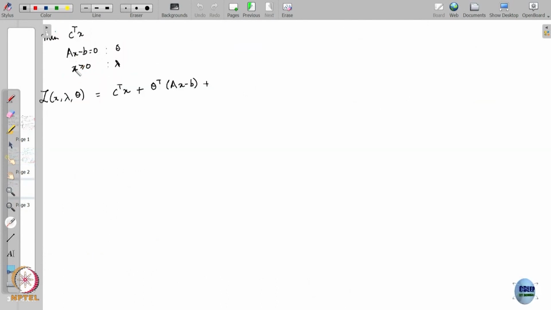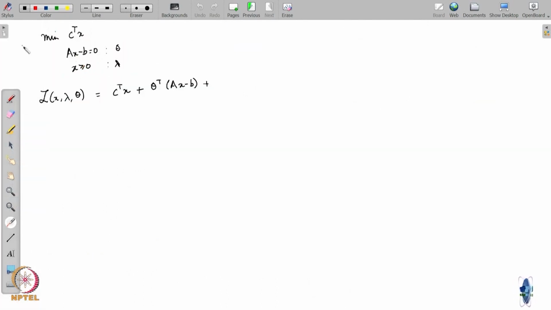So, I can effectively just multiply both sides by -1, and that would flip the direction of the inequality. Alternatively, what I need to do is just compensate for that in the definition of my Lagrangian itself. So, this is now my Lagrangian.